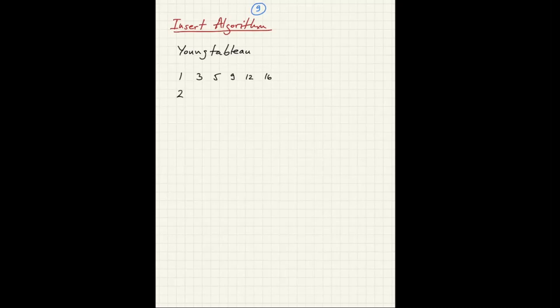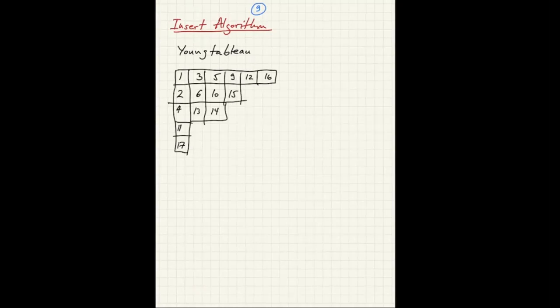And then we have 2, 6, 10, 15, 4, 13, 14, 11, and 17. So let's say we have this tableau. Okay, and the only element that you don't see there is, I think, the element 8.